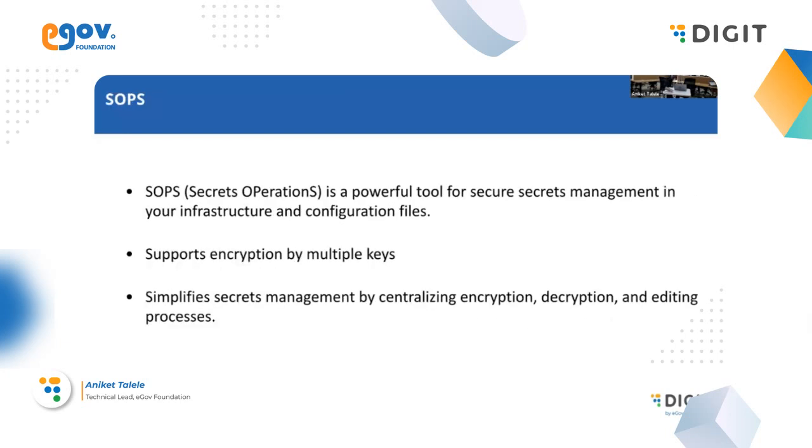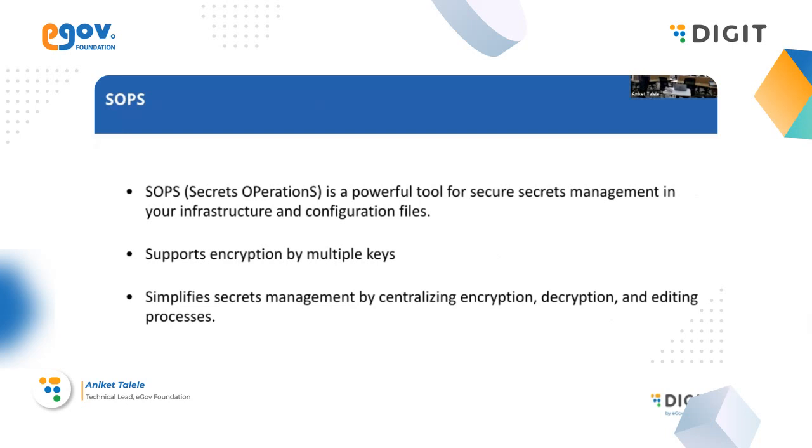Okay, so next thing I wanted to discuss was SOPS. So this is basically a tool, secret operations is the full form of it. So basically, we use this tool to encrypt whatever data we keep in our environment secrets.yaml. So I showed these environment files, right?